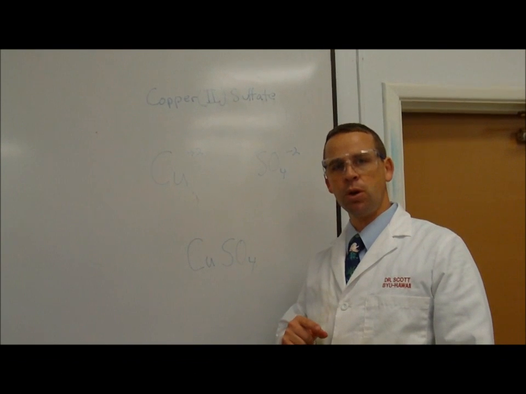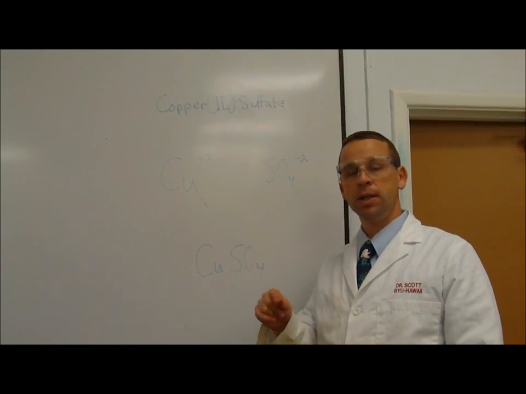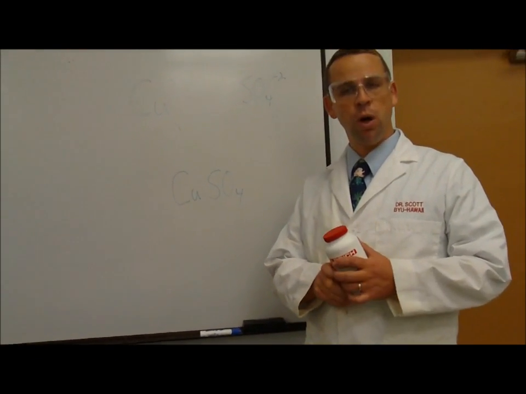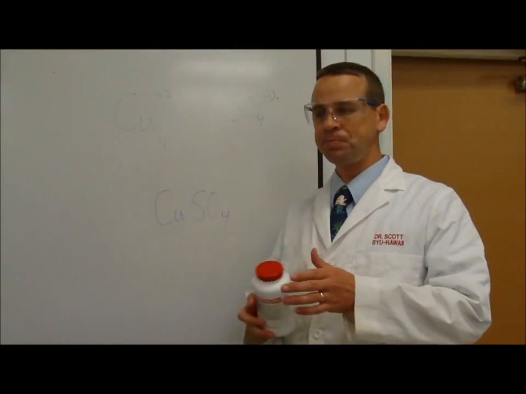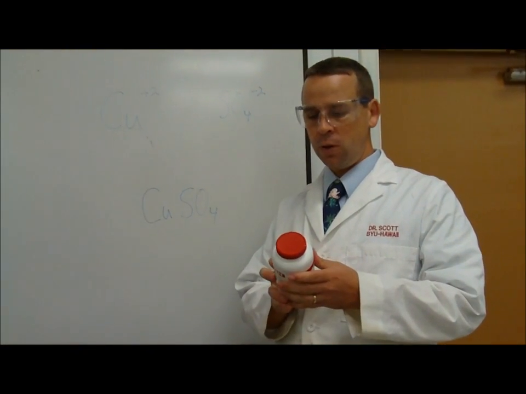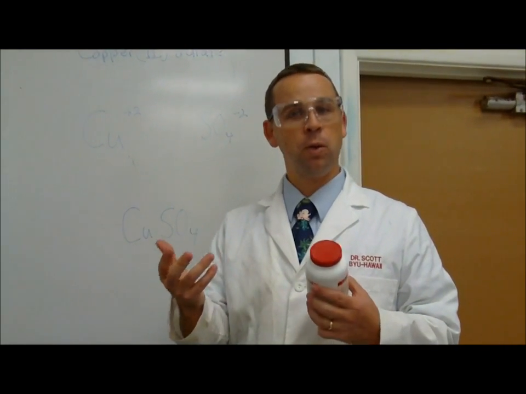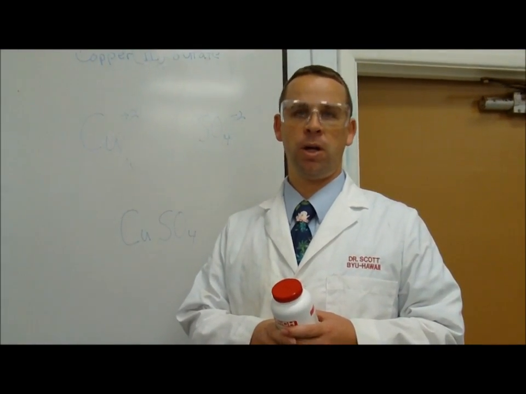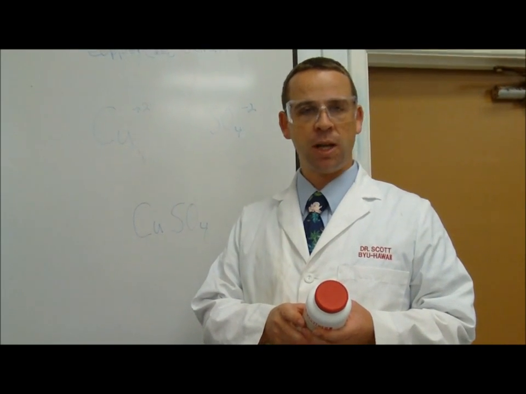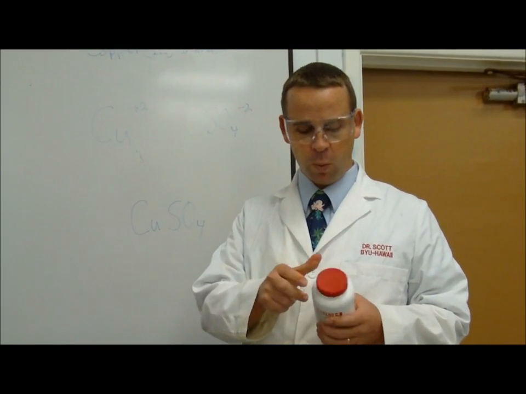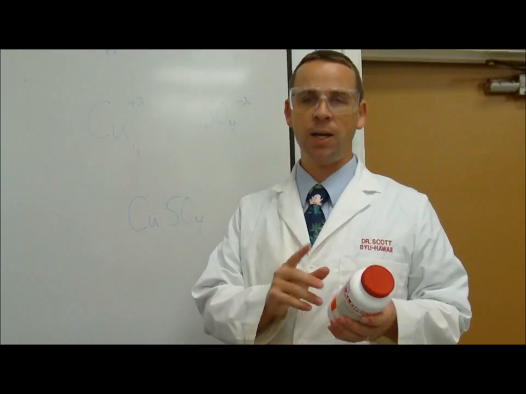In the laboratory, you have to do something a little bit different, because when you go and ask for copper sulfate, you don't know if they're going to give you copper sulfate with or without water on it, right? And chemicals that have water stored with them are called hydrates.